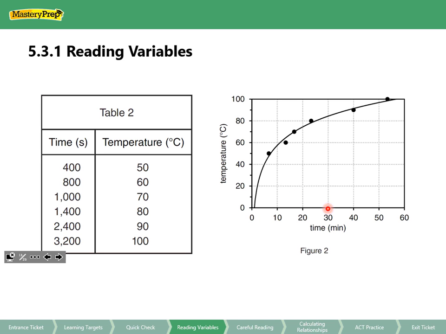So what can we say about this here? As the time increases, the temperature is increasing. Now, it increases fast at the start and then slowly decreases as it goes off, but it is still increasing over time.